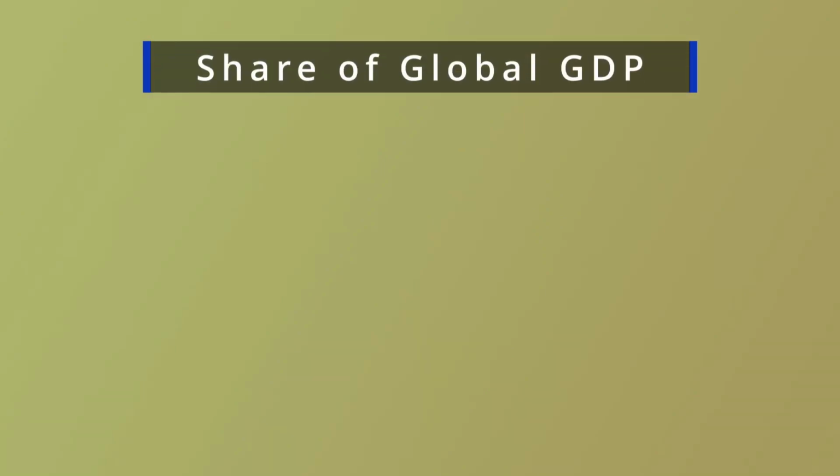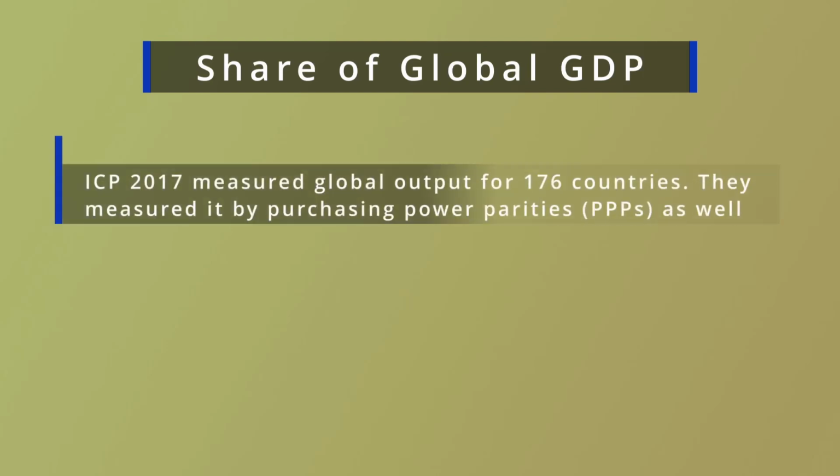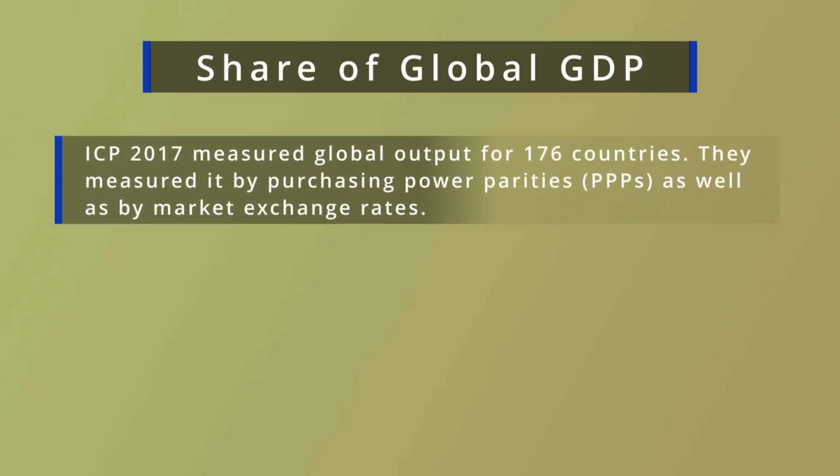Section 4. Section 4 describes the comparison of GDP and its components by the methodology of the ICP. First of all, I will discuss the share of global GDP. As per the estimation of the ICP 2017, this is the aggregate estimation of 176 countries.